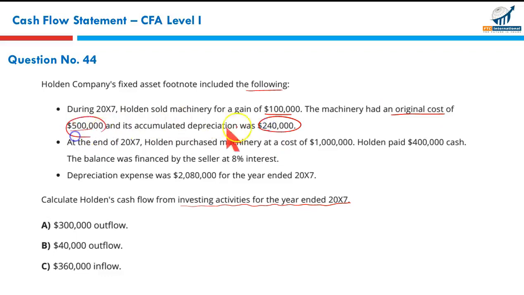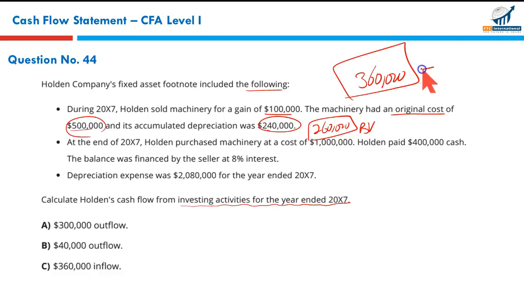It means it had a book value of 260. We sold an item that had a book value of 260,000 at a gain of $100,000, so we would have sold it for 360. This is what we would have received as a disposal inflow.